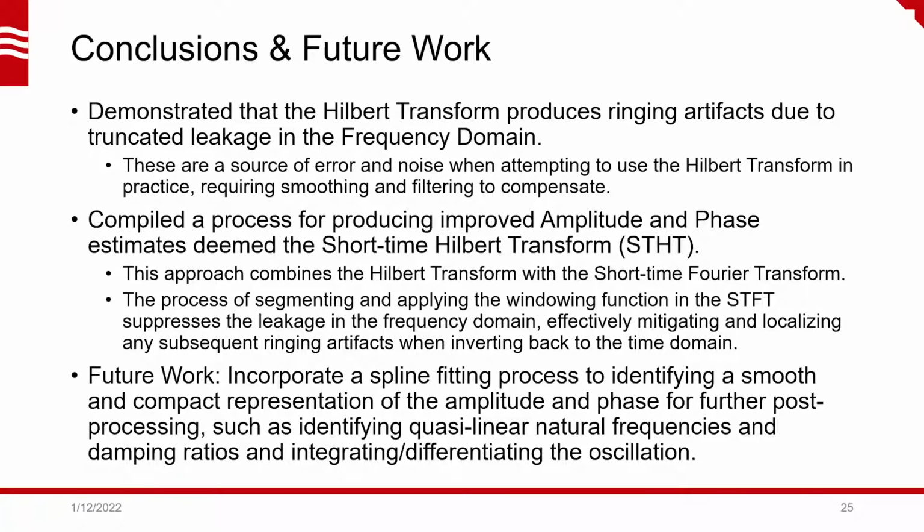I then showed that an improved process for estimating amplitude and phase, called the short-time Hilbert transform, can be formed by simply combining the Hilbert transform with the short-time Fourier transform. The process of segmenting the signal and applying windowing functions in the short-time Fourier transform suppresses issues with frequency domain leakage, effectively mitigating and localizing any ringing artifacts produced when reconstructing the modified time signal.